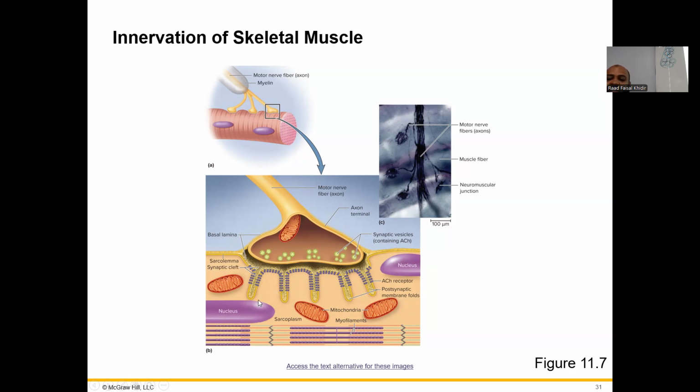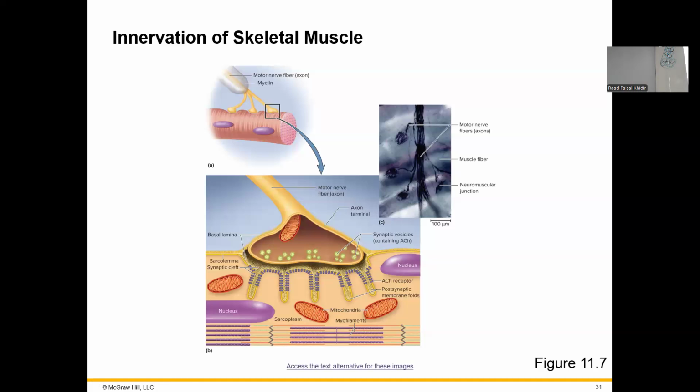It's going to open the channels to cause calcium to bind troponin and cause the contraction between actin and myosin. But curare is going to bind to the receptor, but it's not going to cause calcium release. So you're not going to have contraction. You cannot move. That's something natural that they find, from the poison of the plants.